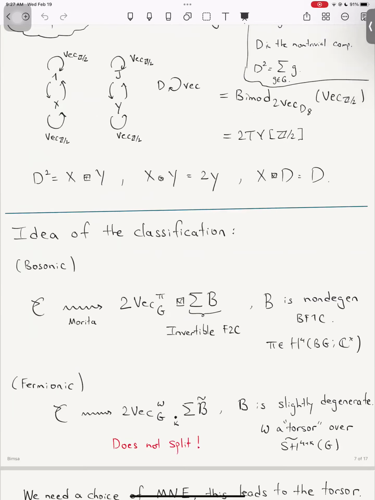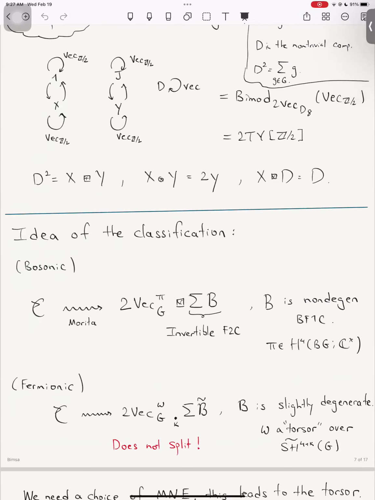And fermionically, there's another, almost a splitting, but not quite, which is that you could find a Morita equivalence to something that looks like this. But this doesn't quite split. There's an extension here that doesn't quite split.